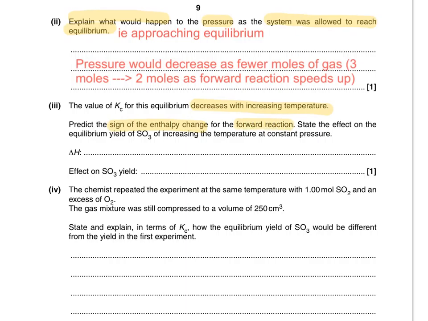So the first thing to do is, if it decreases with increasing temperature, let's look at Kc again. So if Kc is going down, that must mean that the bottom part is going up and the top part is going down.